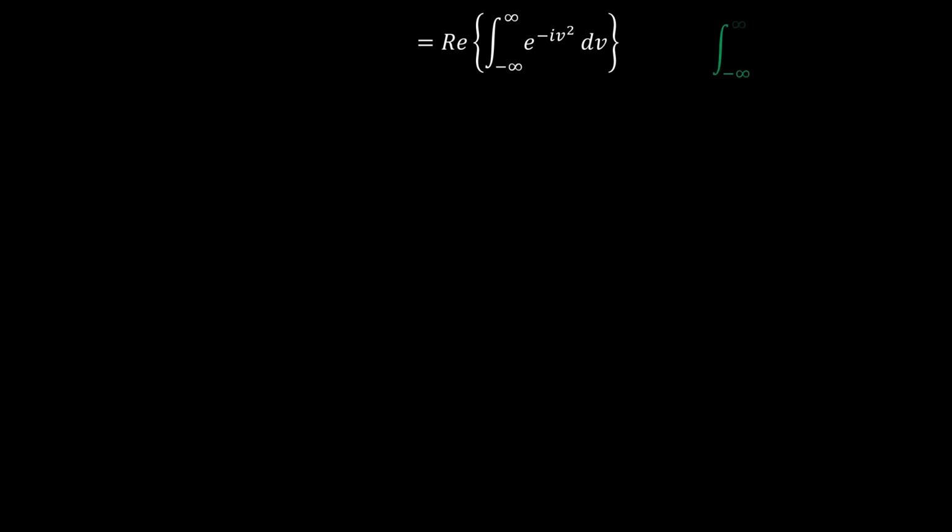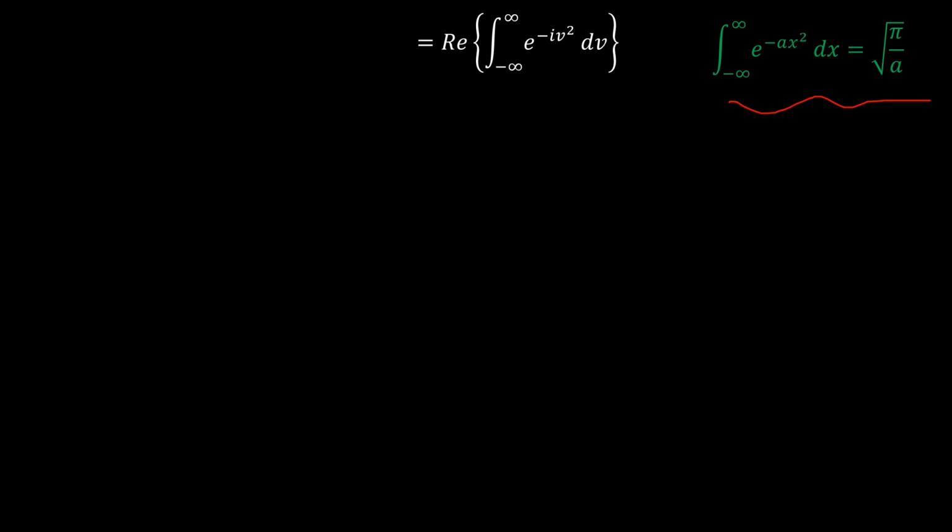Now, using the Gaussian integral, which is a general result that everyone knows, when you're integrating e to the power negative a x squared from negative infinity to positive infinity, you have the square root of pi over a.